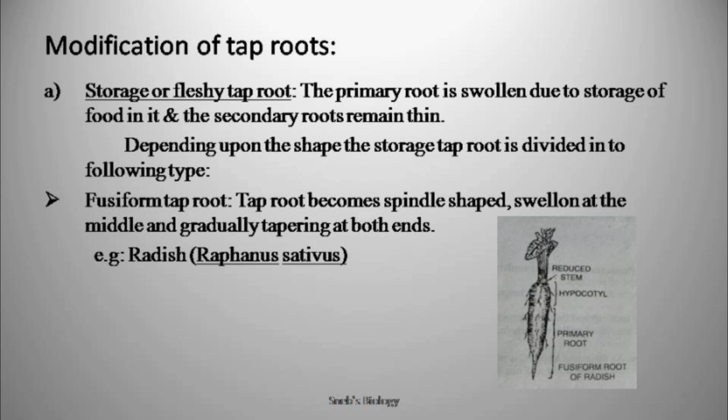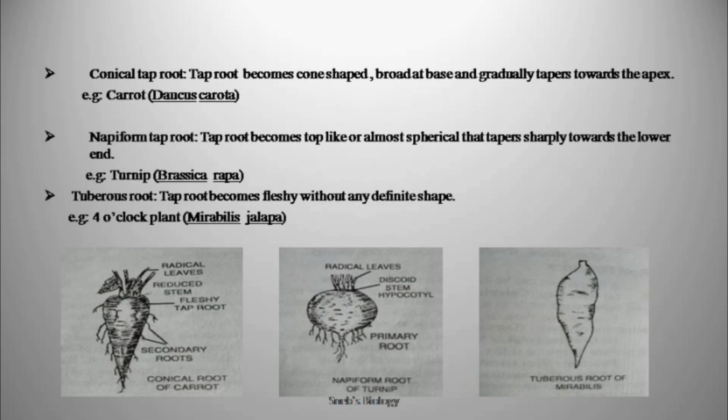The radish is swollen because it is storing the food, so this is the part which we eat. Second, the conical taproot. In conical taproot, the base is wide and gradually tapers towards the tip. The root is not visible, only the leafy part is visible to us. For example, carrot.